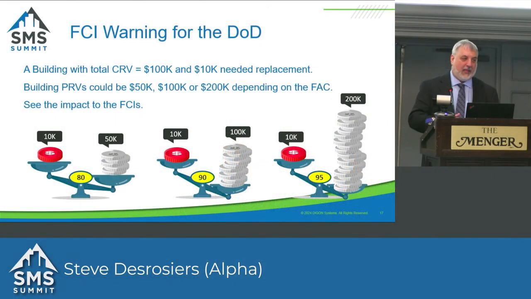So that's really a problem in the DOD, and sometimes when we're doing analytics, we will do an inventory-based FCI. So, and that puts us in the middle category, and everything I'm going to talk about today is with an inventory-based FCI where the PRV equals the CRV.